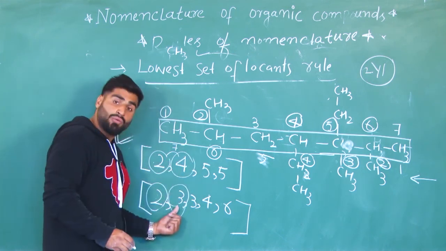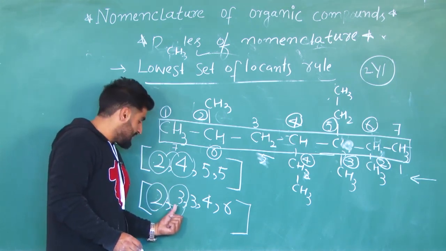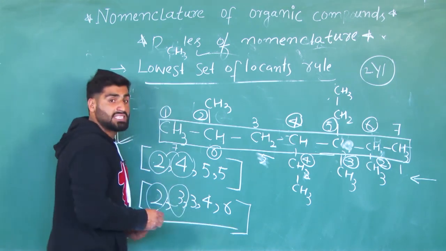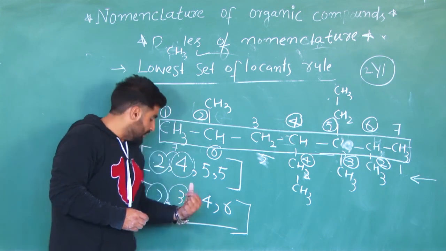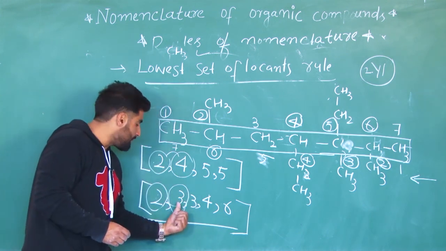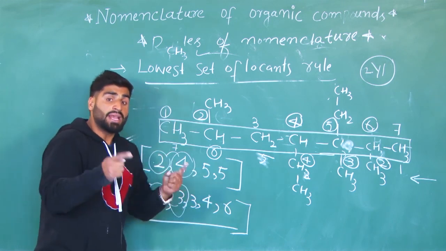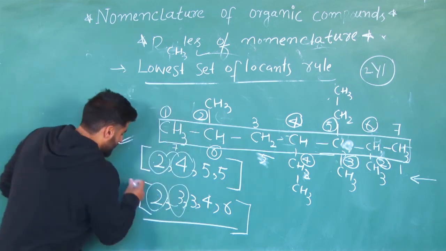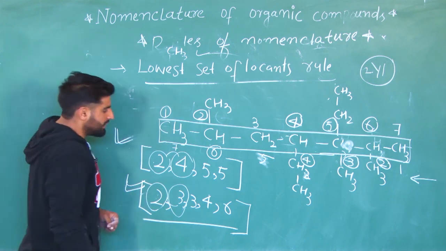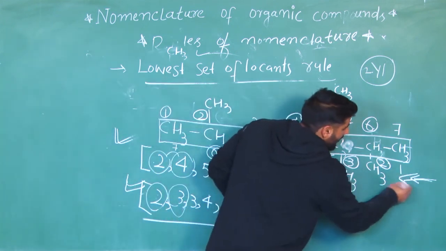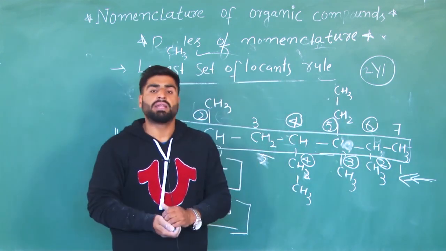The lowest value is this 3. So this set gets the priority. The lowest value of the locant gives you the priority in the lowest set rule. So this set will be selected. That means this carbon chain will be preferred for the numbering.